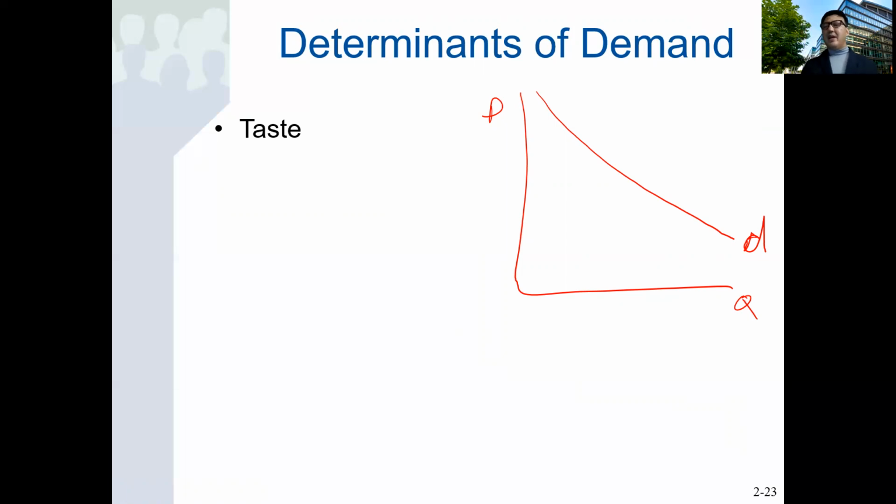So what's going to happen to the demand? It's going to go up, like this. Now there's a new demand, D1, D2. As people's taste changes, the demand will increase like this.